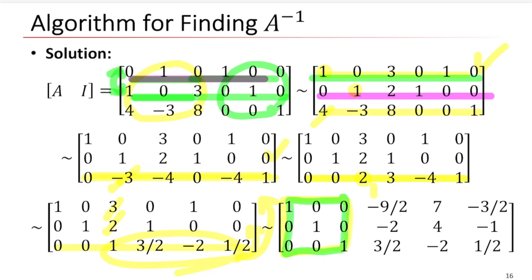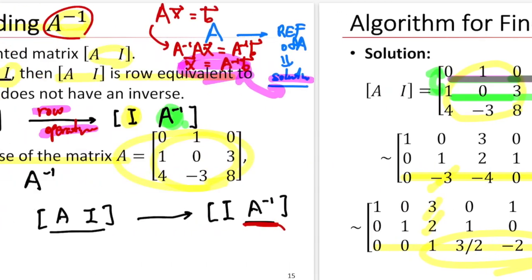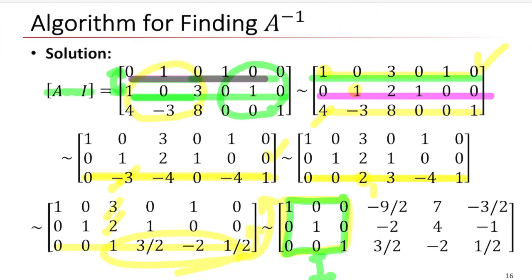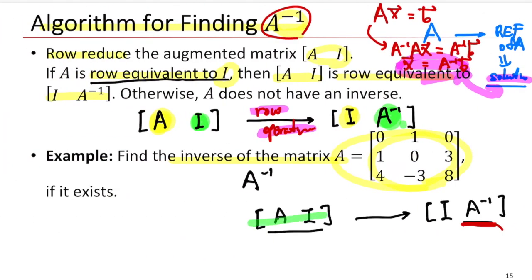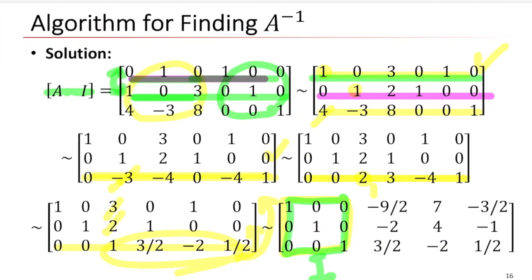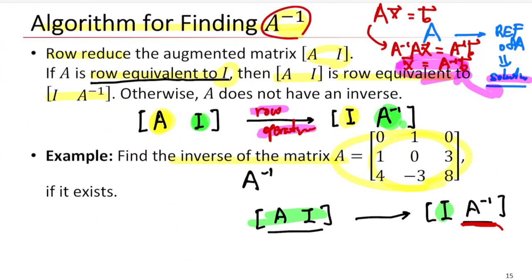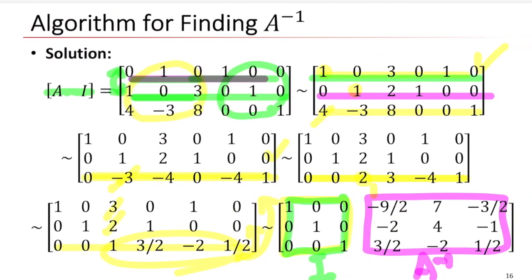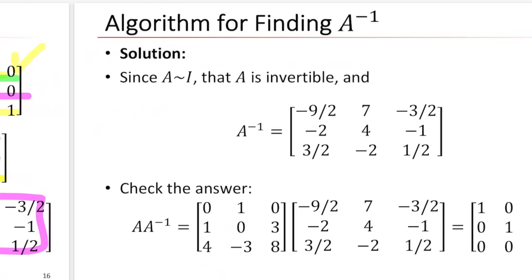So finally, this is the identity matrix, right? So for [A I], the input here, we make the identity matrix here. Then finally, what is that? This is the inverse of matrix A here. This is the solution that we want to get, okay?